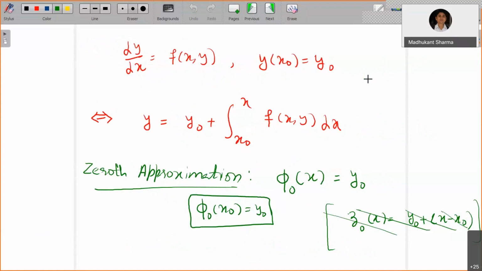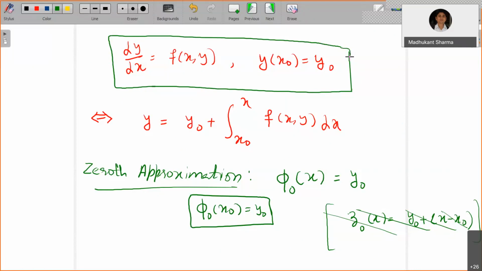Picard's theorem tells you about the existence and uniqueness of the solution to this so-called IVP, initial value problem, dy by dx equals f of x, y, with initial condition y at x naught equals y naught, which can be equivalently represented in the following integral equation.